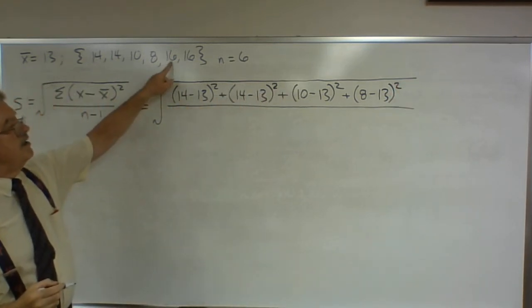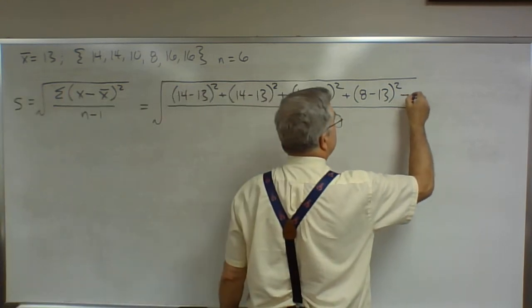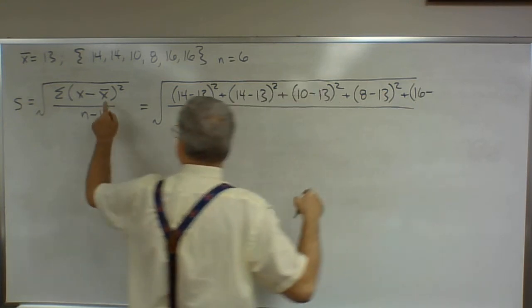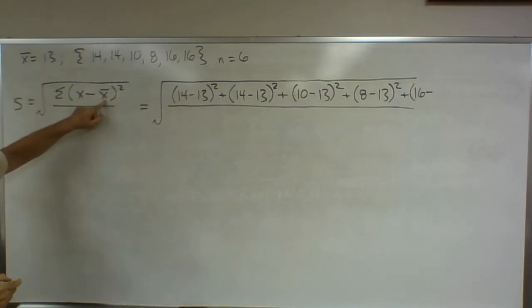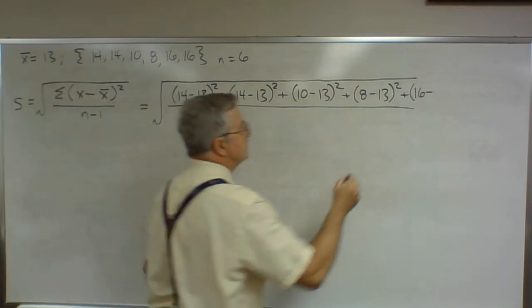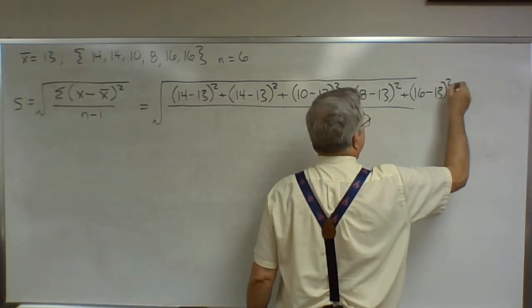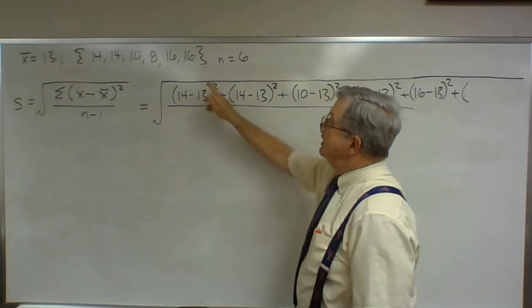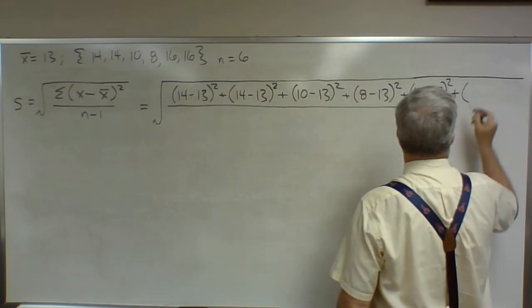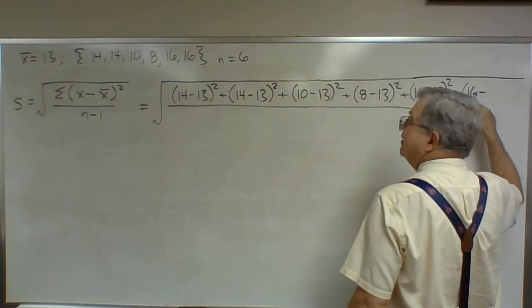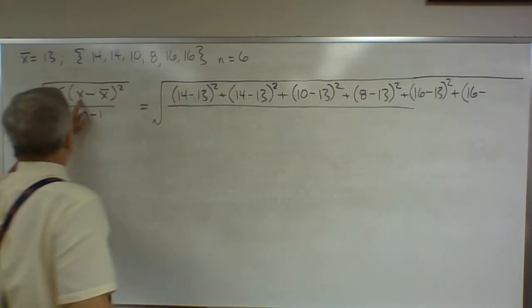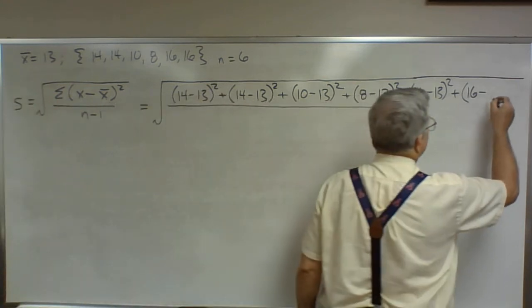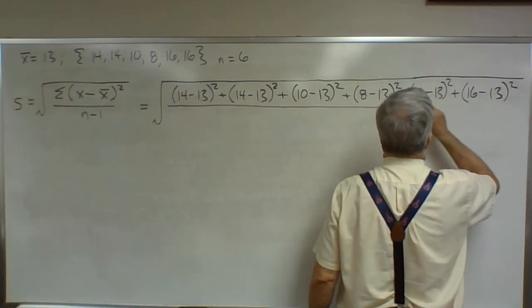Then the next data value, 16. From this data value, we subtract x bar, which is 13, and we square it. Then we go to the last data value, 16 again. From this data value, 16, we subtract x bar, which is 13, and we square it.